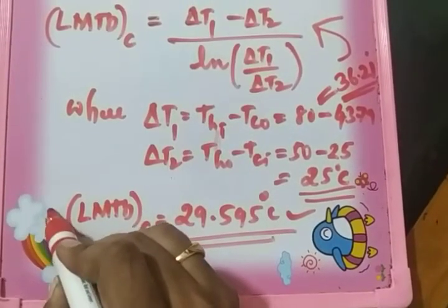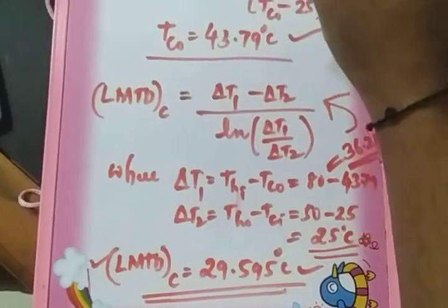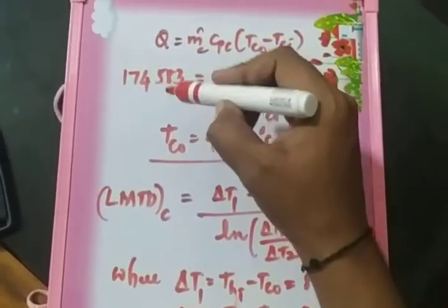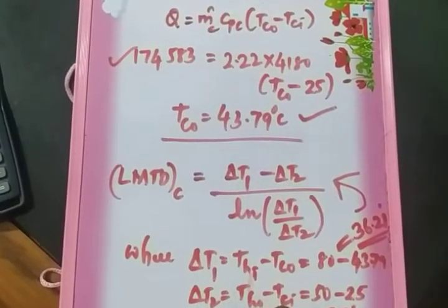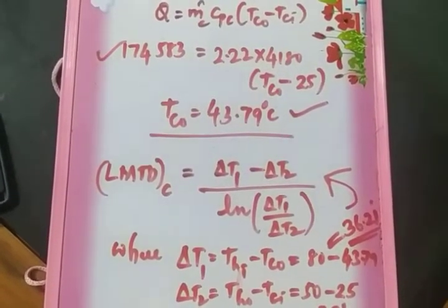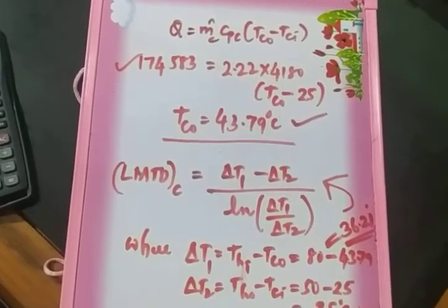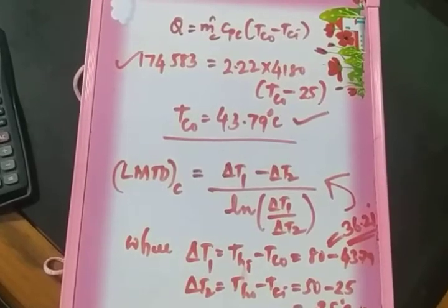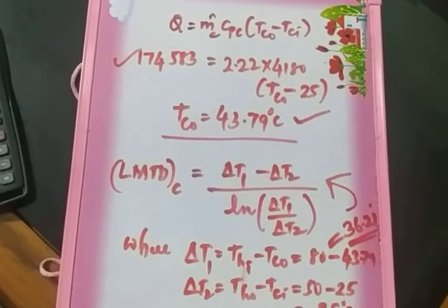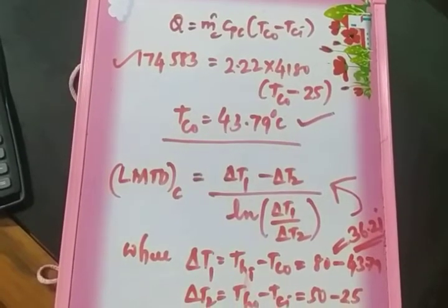We calculated the value of LMTD and the value of Q. Q is known, LMTD is known, and the overall heat transfer coefficient is also given in the problem. With all these values, finally using the standard equation 1, we can calculate the area required by this heat exchanger.